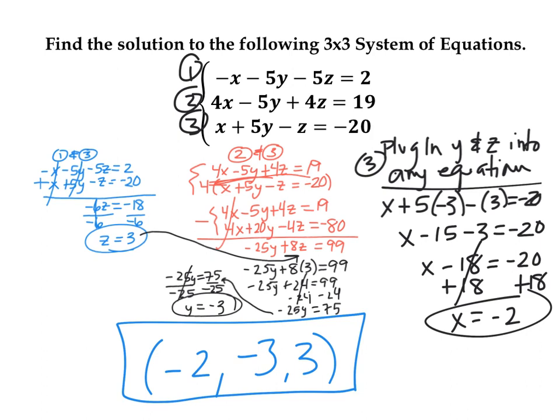And plug it in and solve for that one. But notice how 1, 2, and 3, these 3 equations, there's no easy equation. There's nothing short. They're all 3 variables long. So because we cannot solve for one variable as a first step, as we did in substitution, we are forced to do elimination. This is how you know that this kind of problem is elimination.